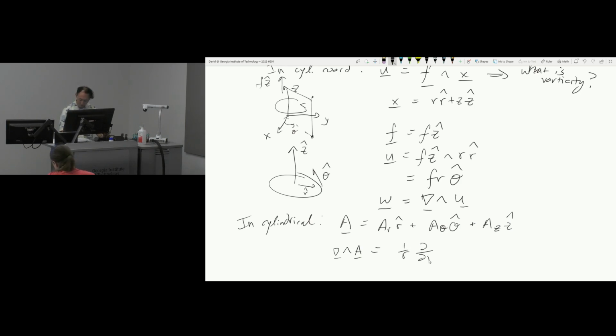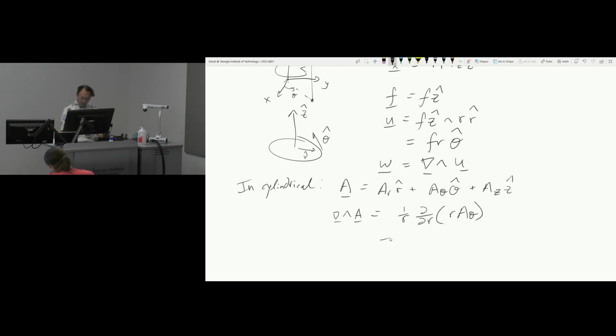is 1 over r d by dr of r a sub theta. Okay. And in this case, if you substitute it in, you're going to get 1 over r d by dr of r squared, F r squared.